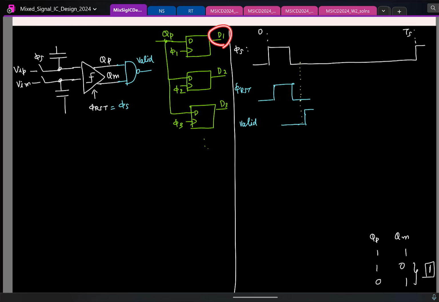So now we have detected when the comparator has finished its decision. We have to store the data. For that we have to generate a clock. And remember, this clock phi 1 should go high when the first time the valid signal is going high. Okay. So which means we should generate a clock which goes high after the valid signal.